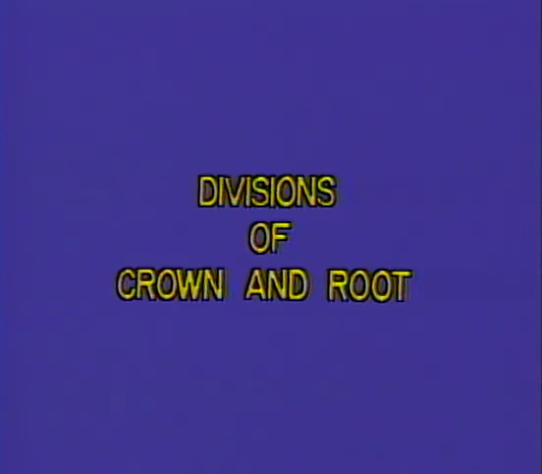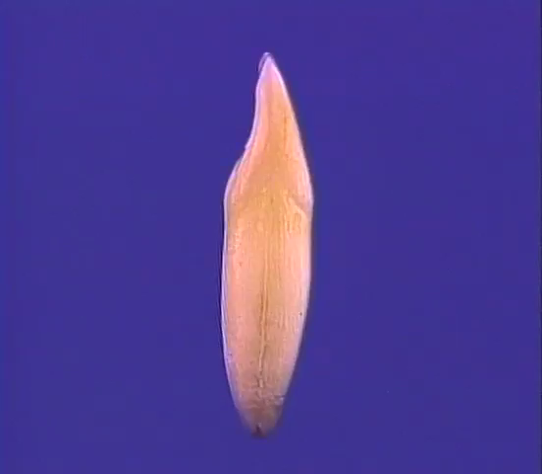Divisions of crown and roots. For descriptive purposes, the crown surfaces of teeth are divided into imaginary thirds, both horizontally and vertically. The root surfaces are divided only horizontally. The divisions of thirds are named by their location, according to the surface from which they are viewed.